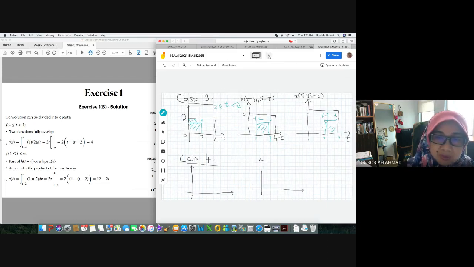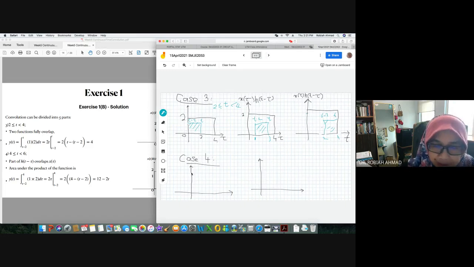Okay, and then for case number 4, when the small square starts to leave.